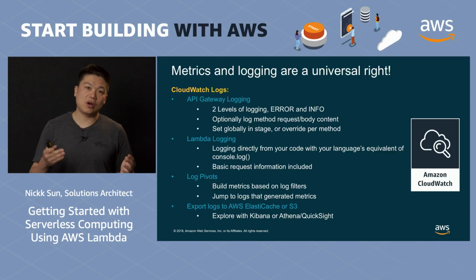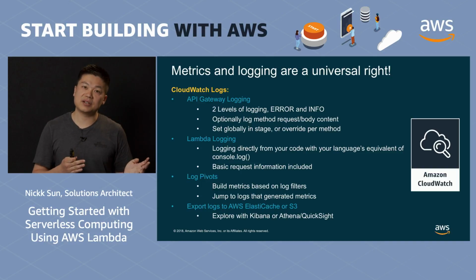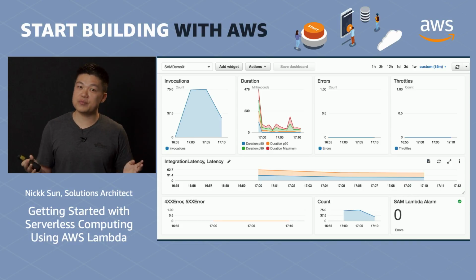You can also stream the log to other services like maybe Elasticsearch or even S3. Then you could use Kibana for Elasticsearch or Athena with QuickSight for S3 to visualize this logging data. With all the different metrics, you can also mock up a dashboard from CloudWatch for you and the team to have an overview of the status of your serverless application.